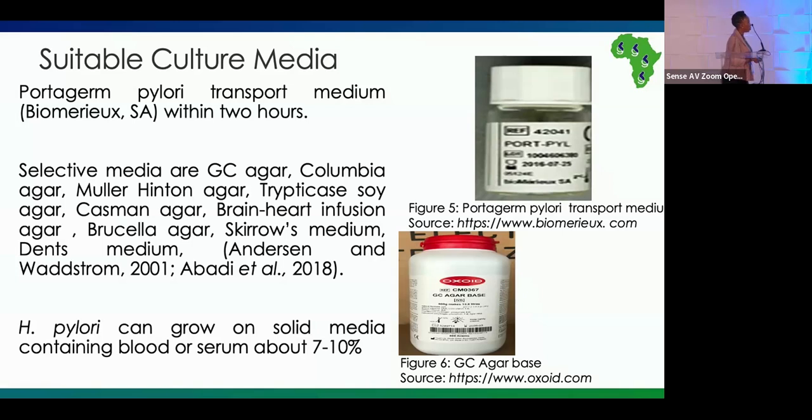The manufacturer's instruction says that 18 grams of this GC agar should be measured while preparing the agar, and this is measured into about 450 mils of sterile water, and a magnetic stirrer is introduced into the autoclaving bottle, and this is autoclaved.